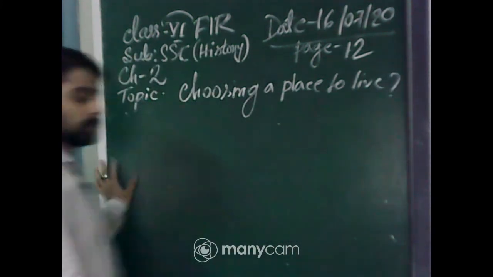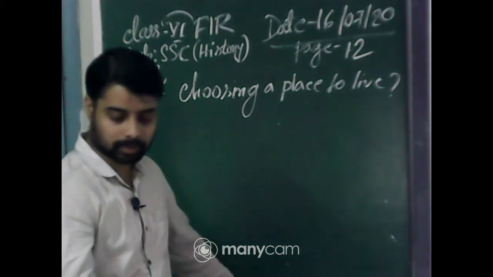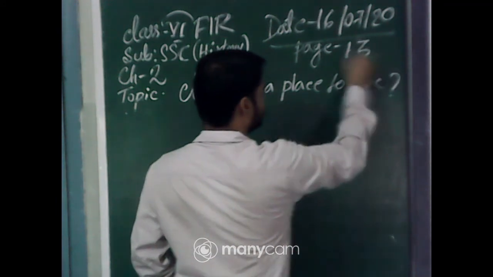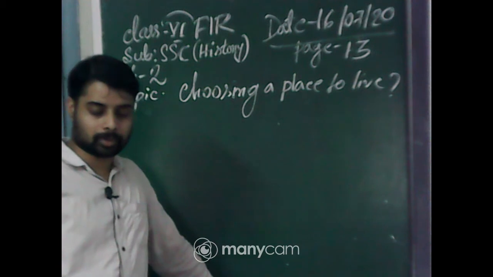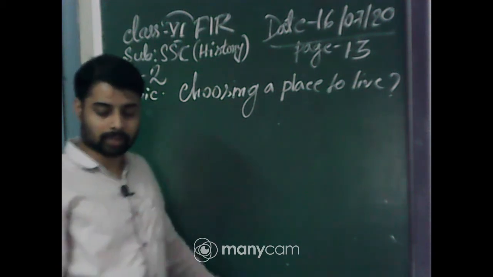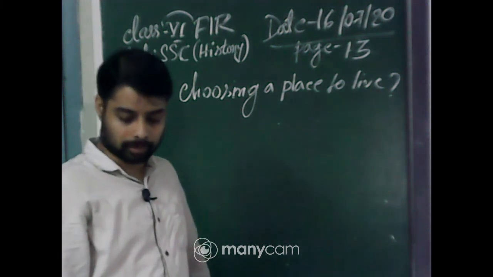So, in the first class I drew a map, India's map. It is also present on page number 13. So, look at page number 13. On that page a map is given. On that map there are different sites mentioned in a column, in an index.